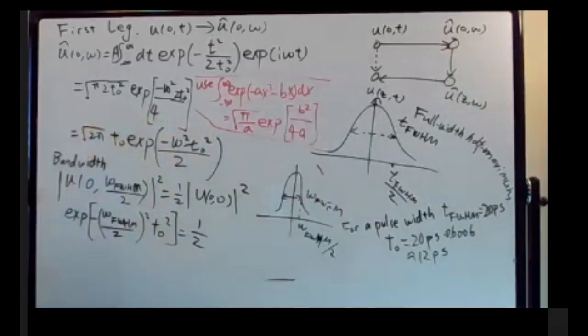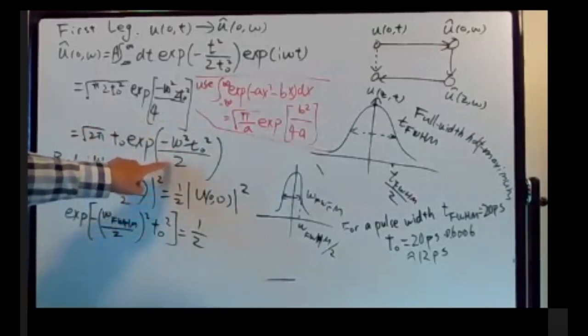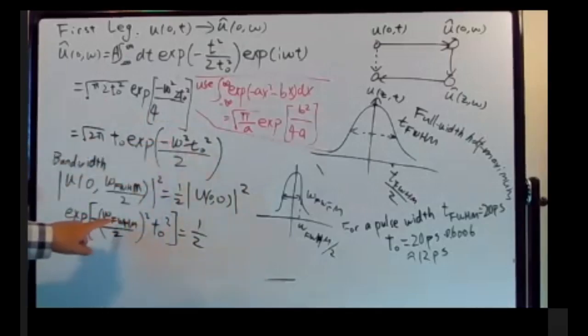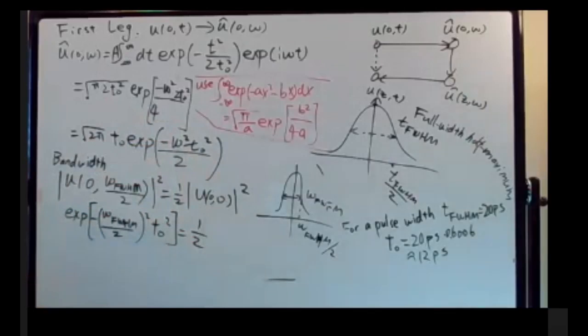This is a constant, it's just the amplitude, so I don't need to put it into the calculation. I take a square of this piece, so the factor of 2 is gone. But omega full width half maximum over 2 squared is half.